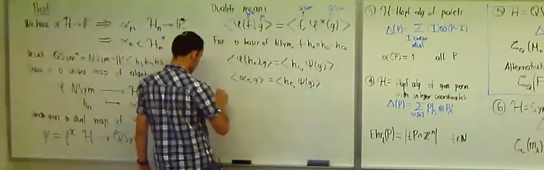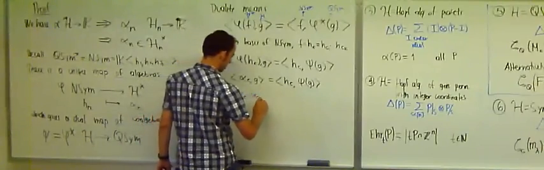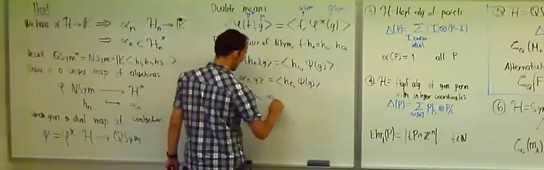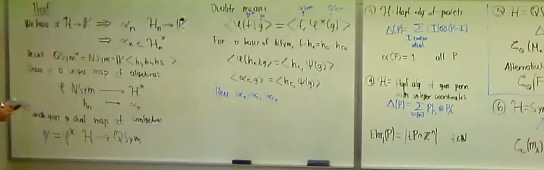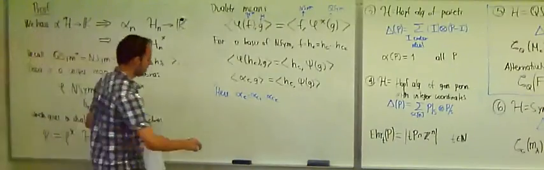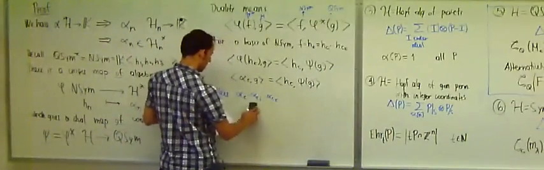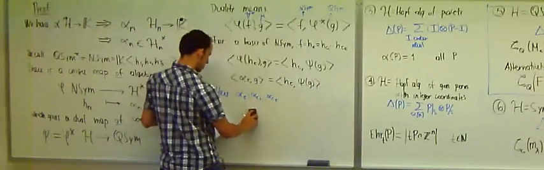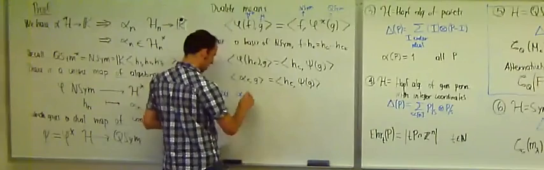Here, alpha C is equal to alpha C1 dot dot dot alpha CK. Okay? Now, let me write this a little bit differently.